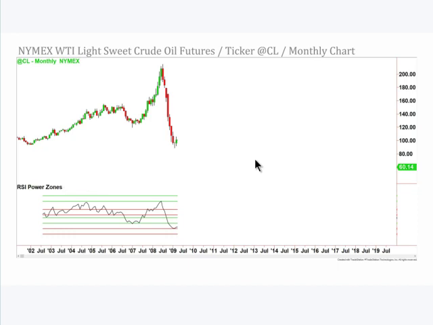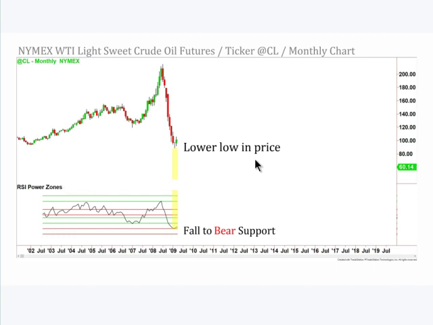I was an analyst on the desks when this happened, so I remember it well. Now, when this fall occurred, it actually pushed the RSI power zones all the way down to the bear support power zone, and price made a lower low versus the most recent low. So this low right here was lower than the low before it. That is not good for the oil market. Sad face.